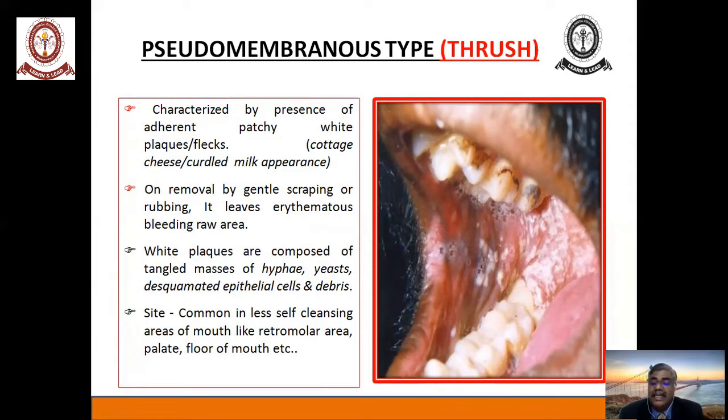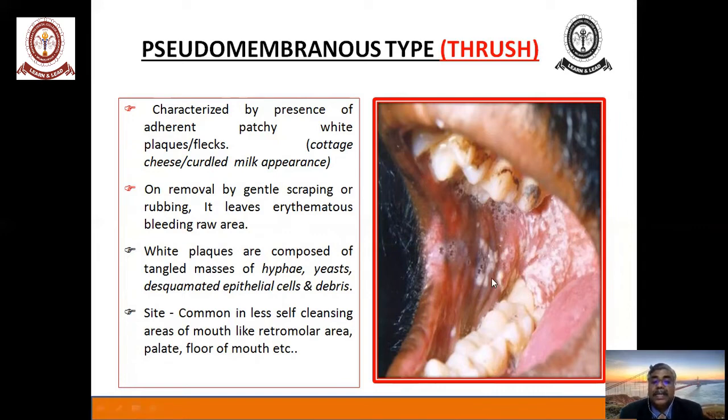The common sites for the occurrence of pseudomembranous candidiasis are the less self-cleansing areas present in the mouth: the retromolar area, the vault of the palate, and the floor of the mouth. So let me show you some cases where you find the white flecks of oral candidiasis.